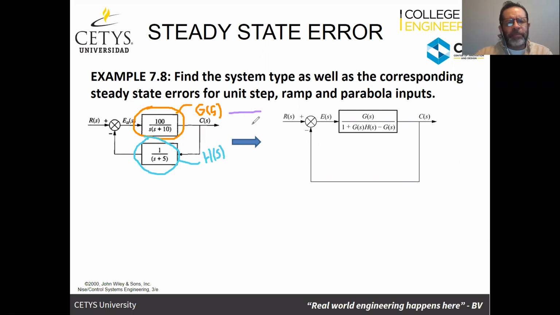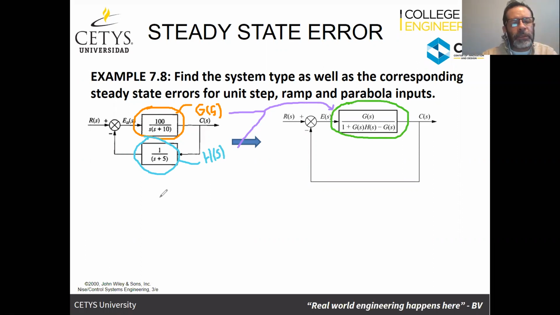And so we want to grab these two, put them in here so we can find the new forward transfer function, which is this one that we've got here. So I'm going to write it down here on the bottom. We want to get this one here, which is the one we need.